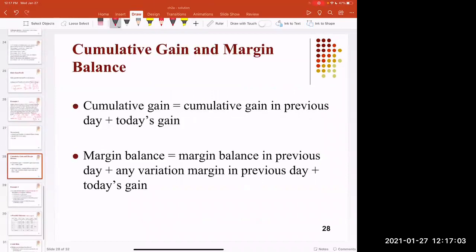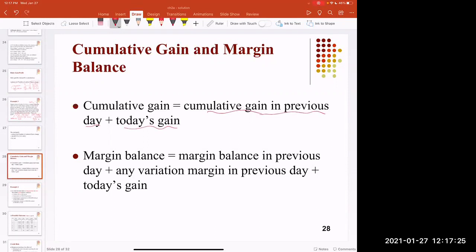All right, next we're going to talk about the cumulative gain and the margin balance. Cumulative gain means from day 1, day 2, day 3, it accumulates every day. So cumulative gain equals cumulative gain in the previous day plus today's gain.